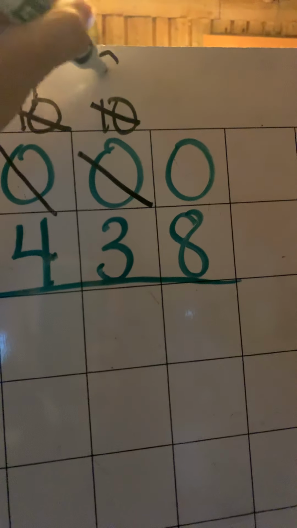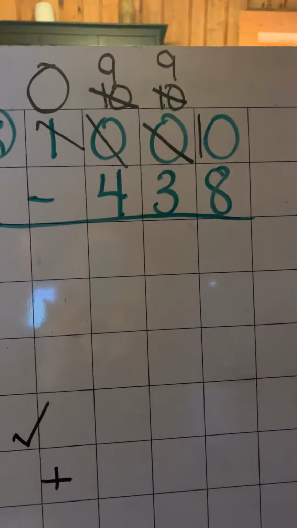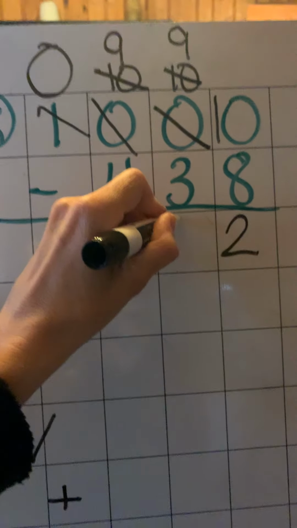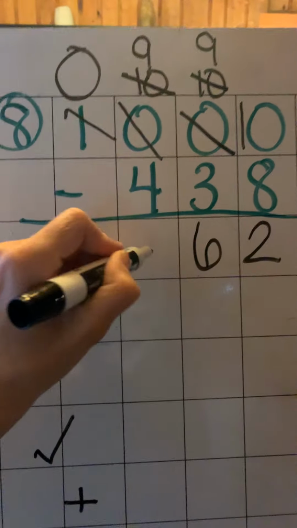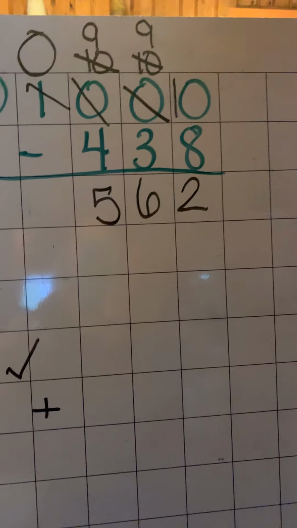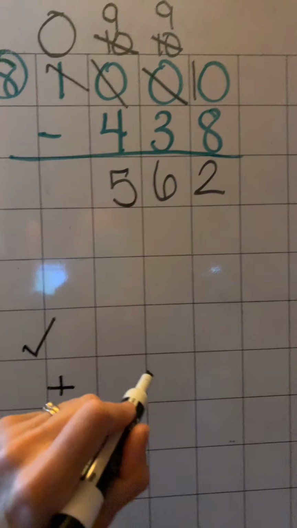Take a 10 and make 10 ones. Now we have ungrouped, we need to subtract. 10 minus 8, 2. 9 minus 3, 6. 9 minus 4, 5.